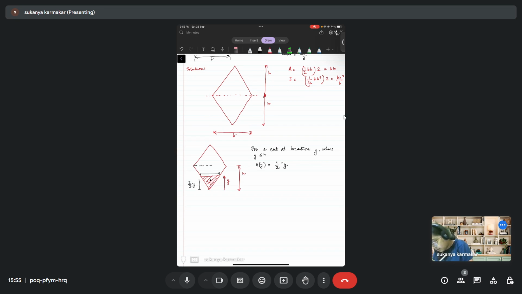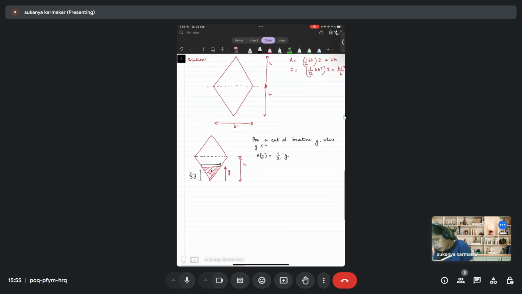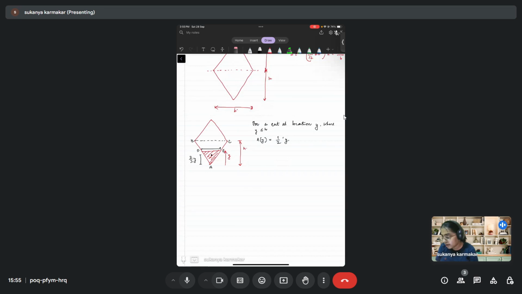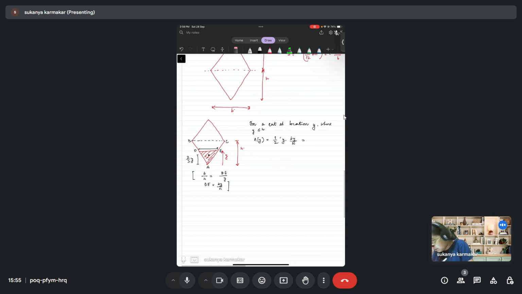For the base distance, just use similarity of triangles. I'll mark the points A, B, C, D, and E. Now use similarity between triangle ABC and ADE. From there you can write b by h is equal to DE by y. So DE is equal to b y by h. So the area comes out to be b y squared by 2h.